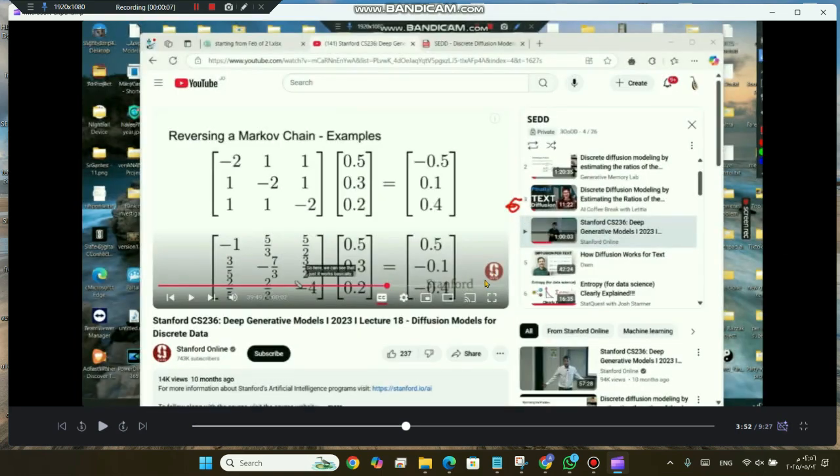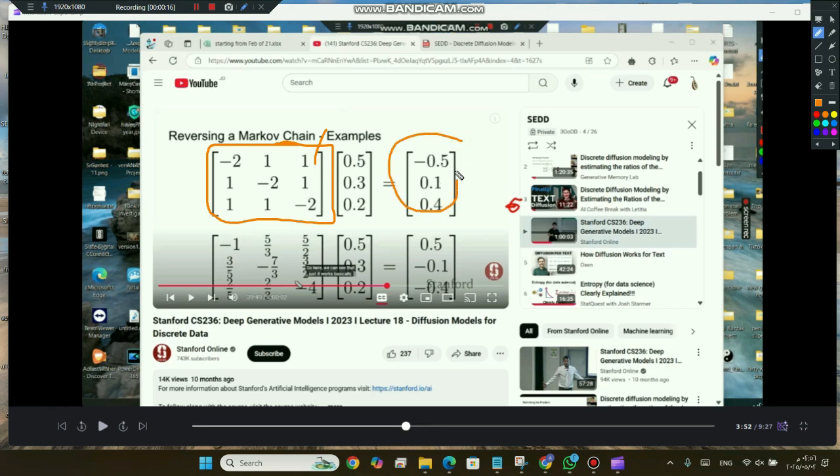Let me remind you of what we have over here. This is the Q, which is the process of adding noise in the forward diffusion process, right? So we used to multiply this Q by the probability vector to get the probabilities at the next step.